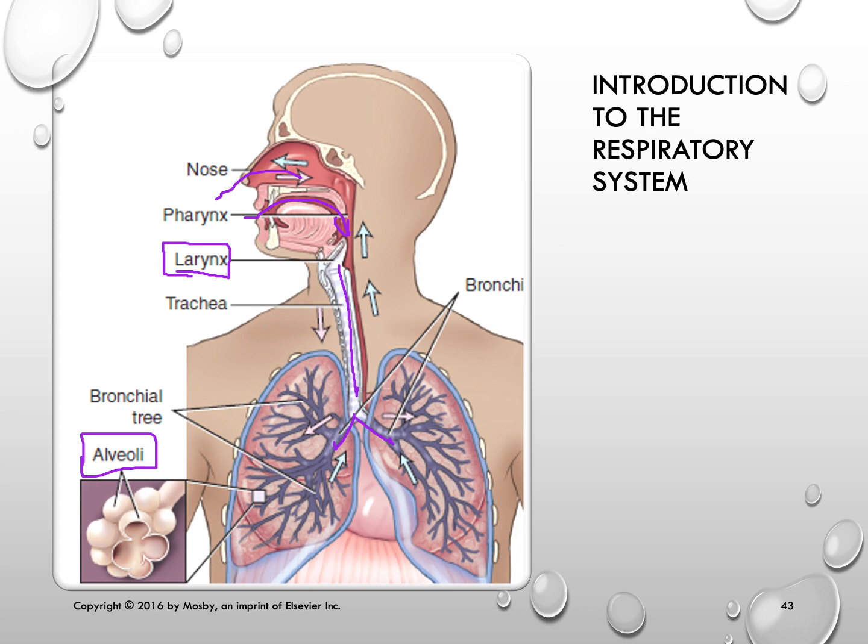Now the reverse thing happens, right? Because one of the waste products of our cells is called carbon dioxide, and that is a waste gas, and it gets transported through the vascular system and it gets dropped off on the venous side of the capillary back at the alveoli, and it gets exhaled out. All right, and this is that process of respiration.